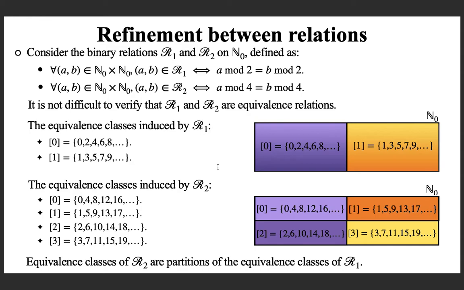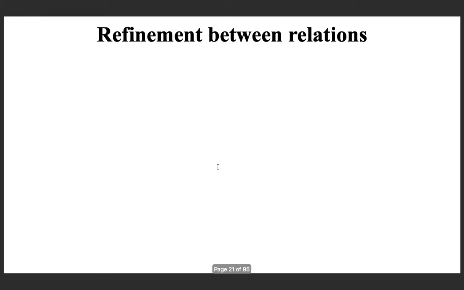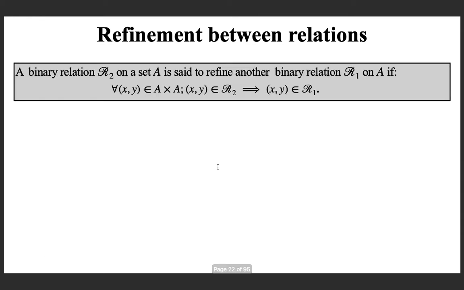And now it's time for us to formally define the refinement between relations. A binary relation R2 on a set A is said to refine another binary relation R1 on the same set if for all pairs of elements x, y in A cross A, if x and y are related under R2, then they must be related under R1.